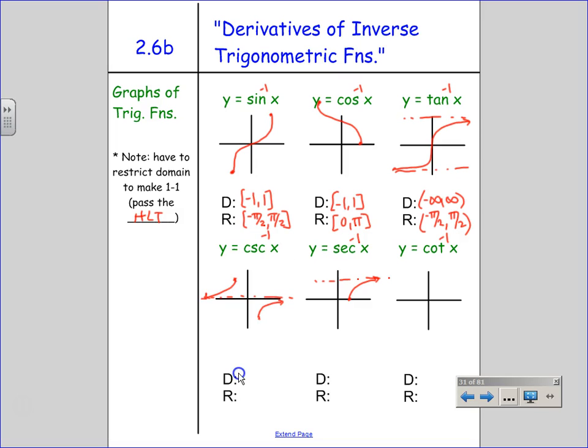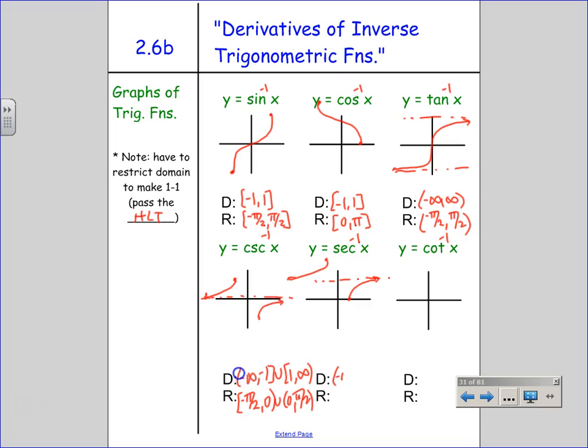I didn't give him a gap in between. Long story short, his domain is going to be negative infinity to negative 1, and then 1 to infinity. It's the flip of the range of cosecant. And then his range is going to be negative pi over 2 to 0, and then 0 to pi over 2.